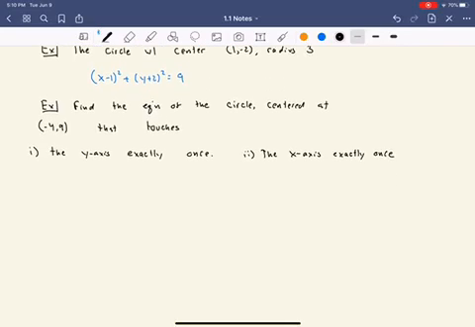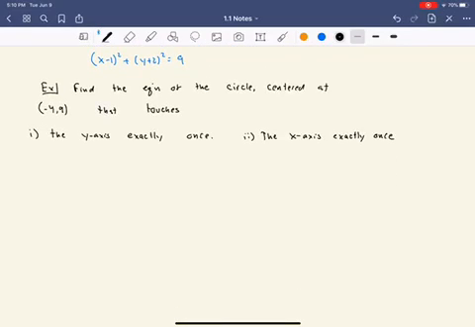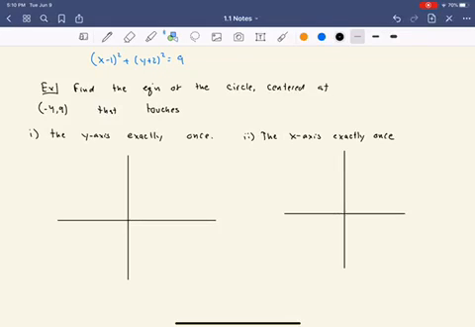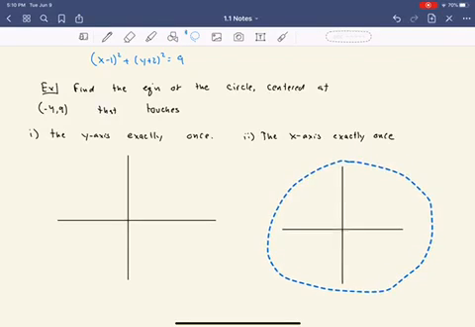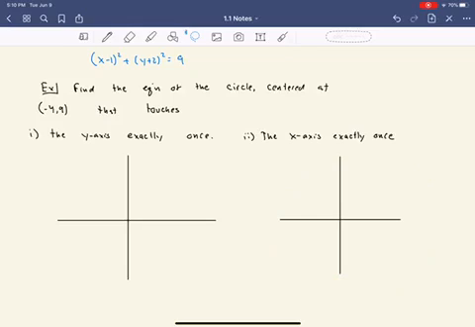Okay, let's start by drawing the pictures. Okay, so let's say we have (−4, 9).